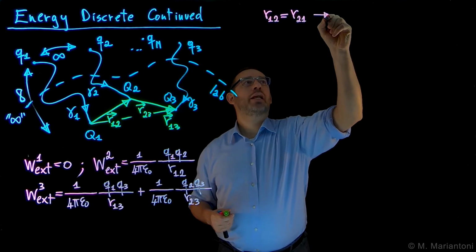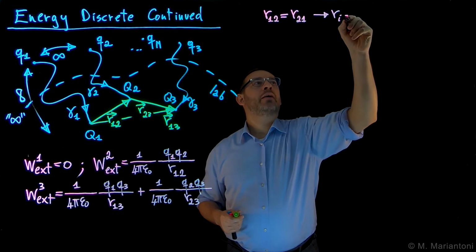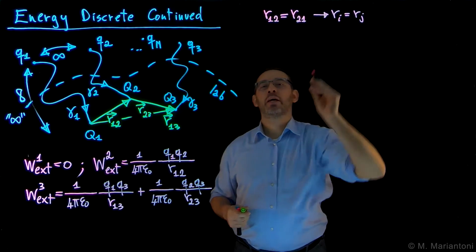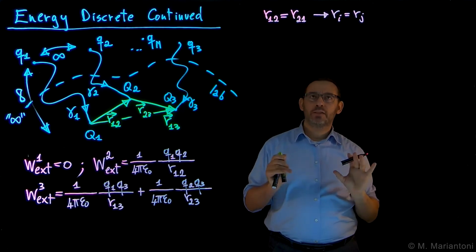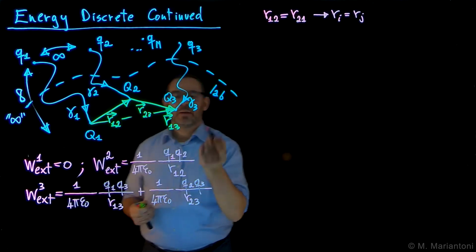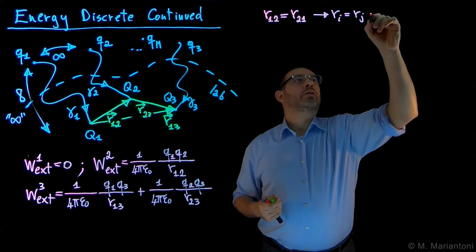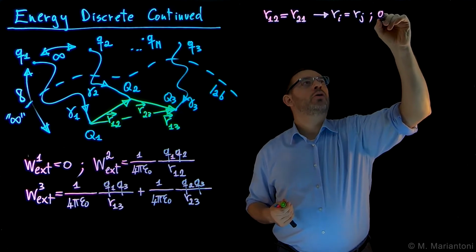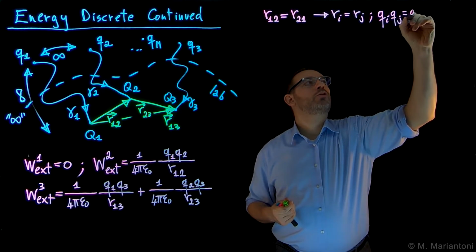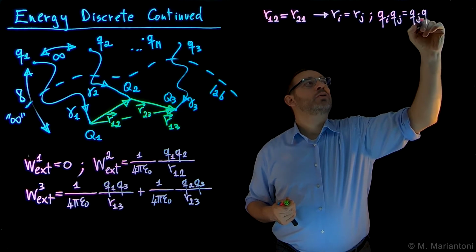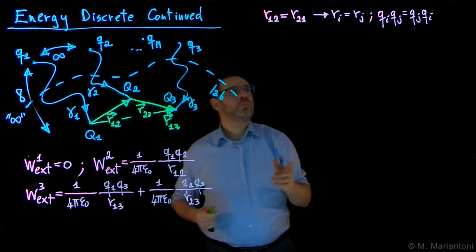And when we generalize this concept, obviously, if we use an index i here, r_ij is equal to r_ji for any two indices i and j. This is totally true. In addition, we can do the product q1 q2, or q2 q1. It's abelian. So qi times qj is equal to qj times qi. It's an abelian property of the product of charges.